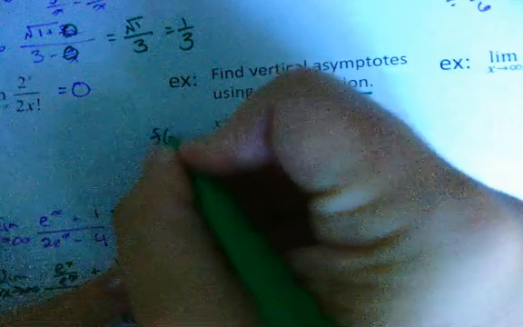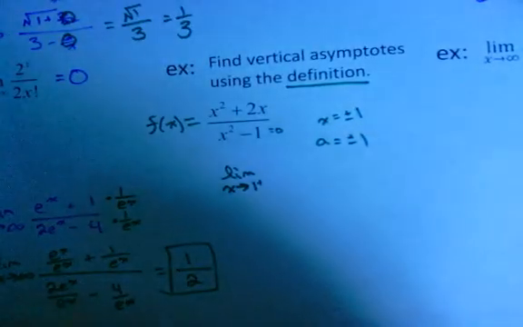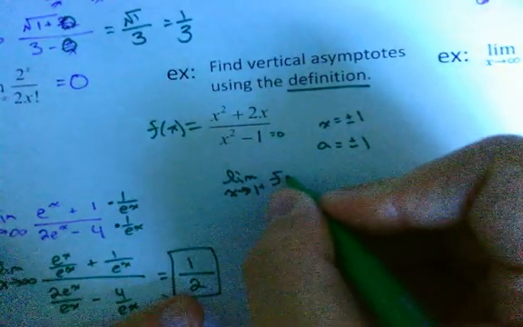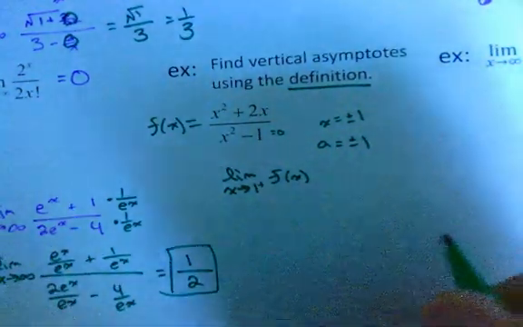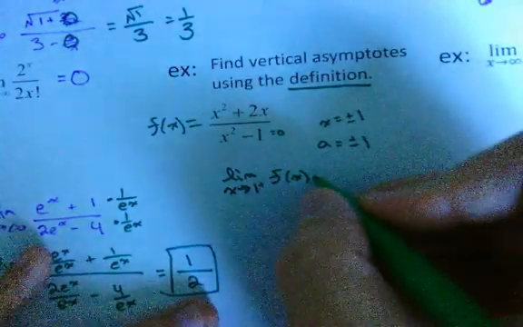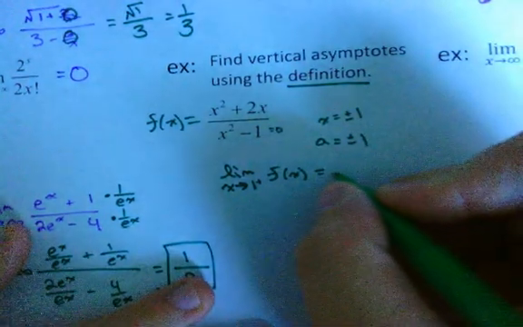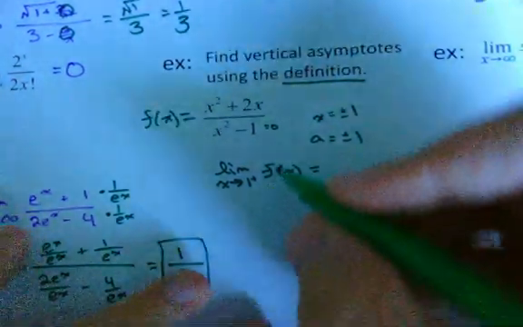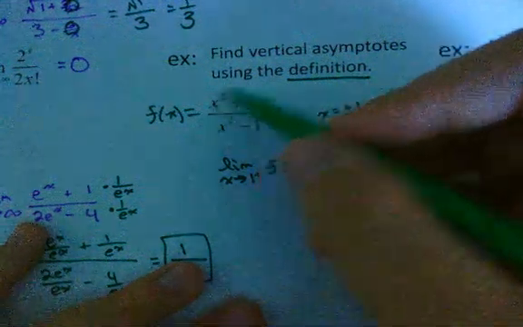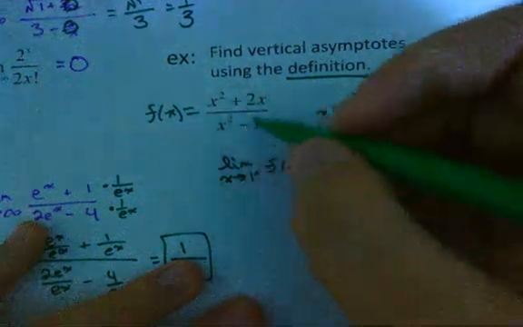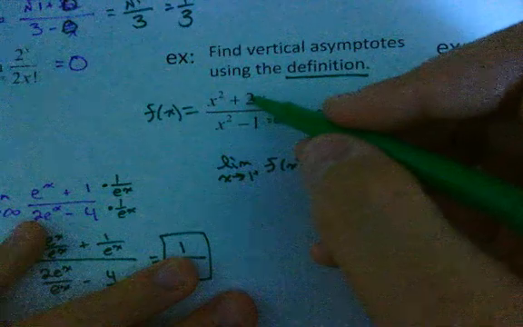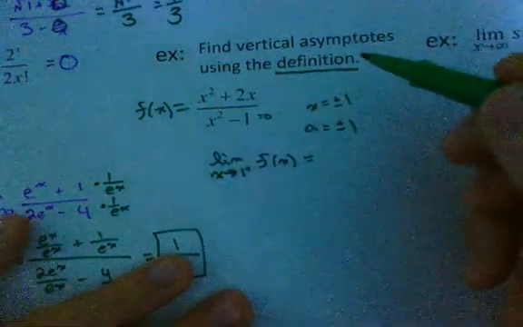Just for the sake of making this easy, I'm just going to define that as f of x. Okay? So this is going to be equal to, if you go from 1 to the right, again, if you don't know 1 to the right, just plug in a 1.1. Because if you plug in a 1, you're going to get 3 over 0. Okay?